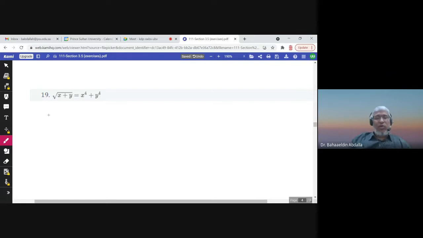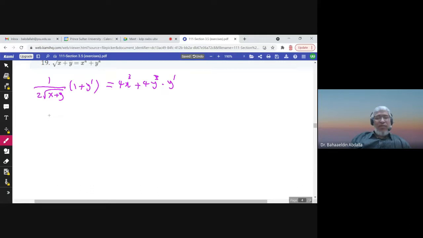Derivative of square root is 1 over 2 square root times the derivative of the inner function equals derivative of x to the power 4, 4x cubed. Derivative of y to the power 4 is also 4y cubed, but times y prime.